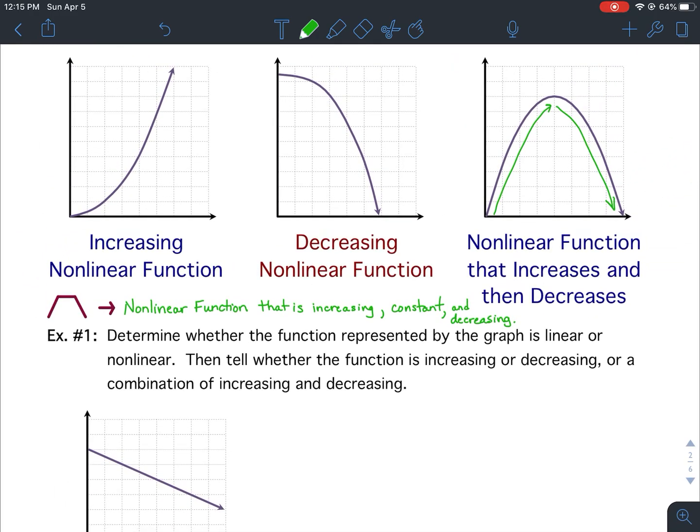So you can go ahead and pause your video and get all that written down. And that concludes the definitions portion of the notes.